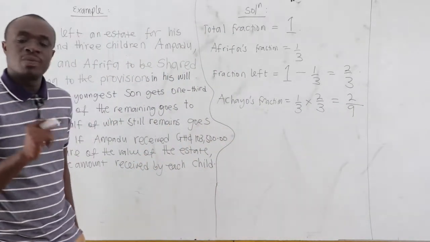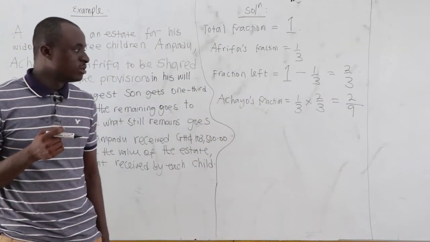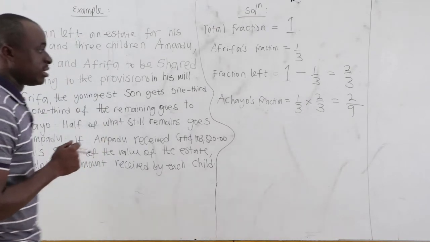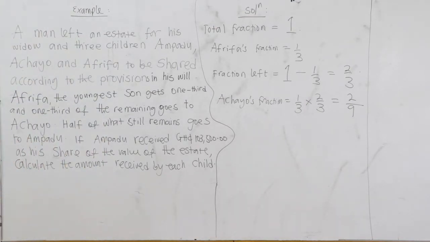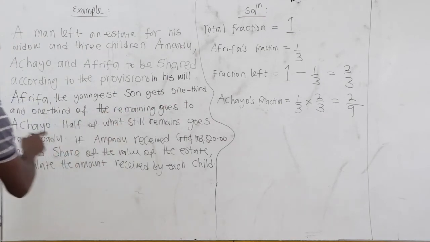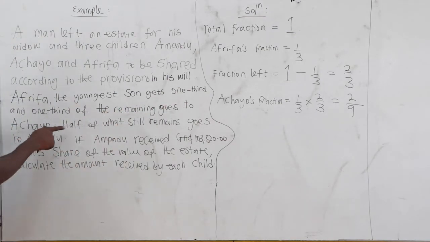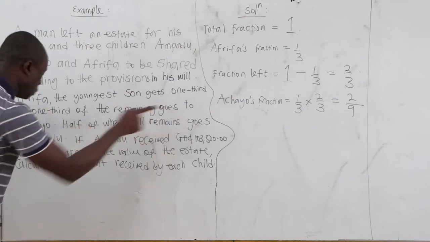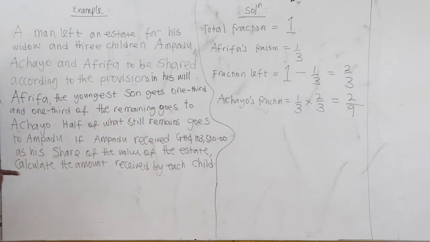Numerator times numerator, denominator times denominator. So 3 times 3 giving us 9. Now let's see. It says that Afrifa, the youngest son, gets 1/3, and 1/3 of the remaining goes to Achayo. Okay. Now it says that half of what still remains goes to Ampedu.